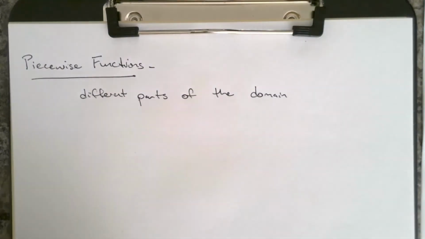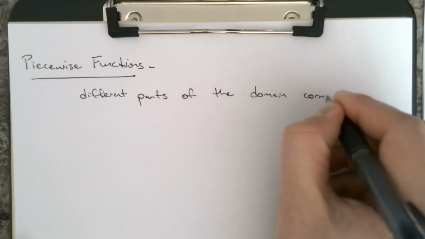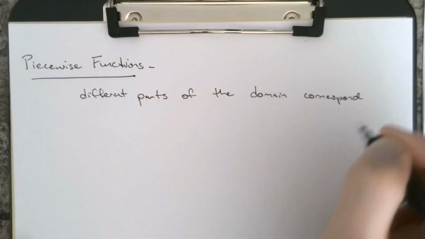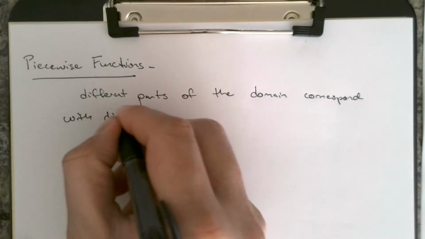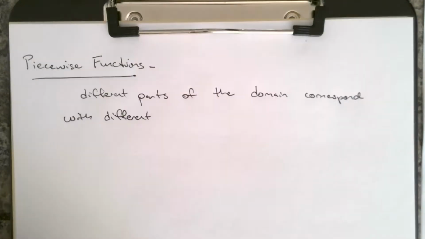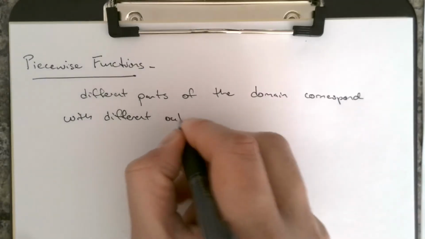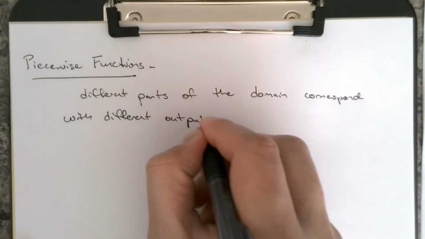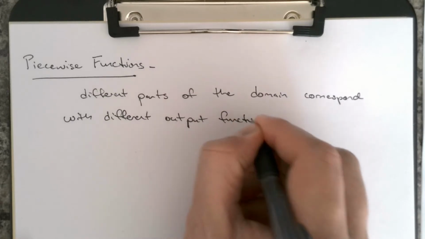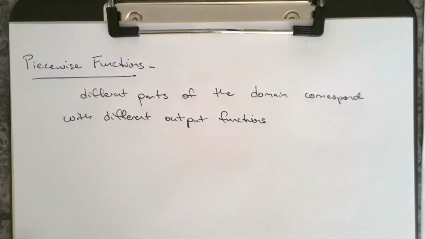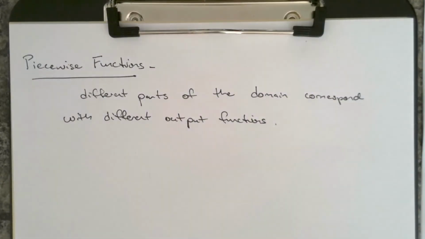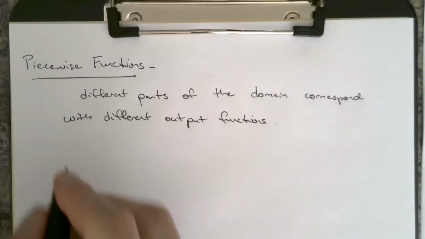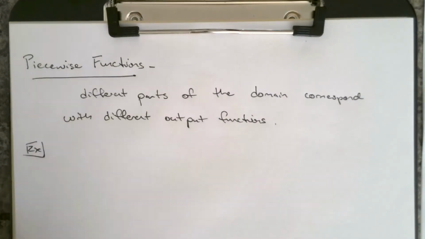Think of your x values corresponding with different output functions. Think about what you use to get your y values, right? So for piecewise functions, different parts of the domain correspond with different output functions. So we'll do an example just taking a look at how you might see one of these.